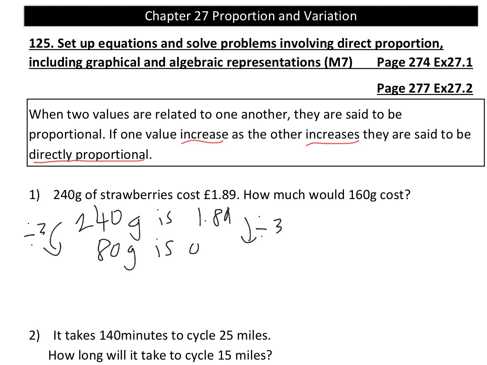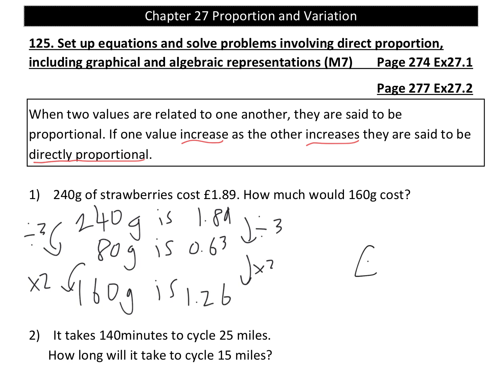And that would be 63 pence. And then if I know 80 grams, I can get 160 grams, because that's double. And that is £1.26. So your answer is £1.26.